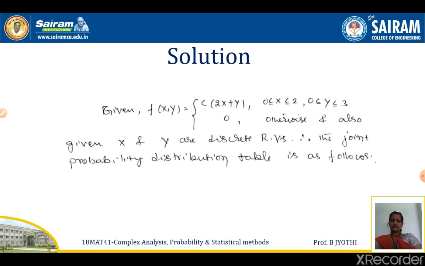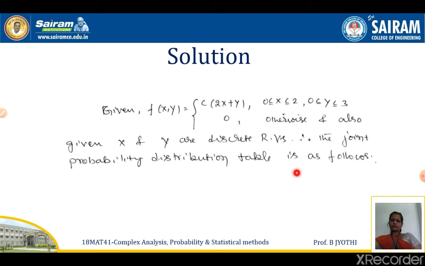Solution. Given f of xy is c of 2x plus y, when x is varying between 0 to 2 and y is varying between 0 to 3, and it will take the value 0 otherwise. And also given x and y are discrete random variables.